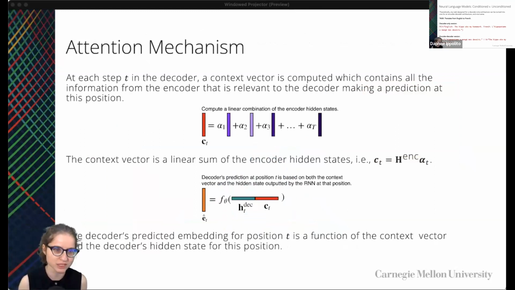So we have all of these hidden states, and we're just taking a linear combination of them and calling this the context vector. And so in the decoder, when we're making a prediction for position T, we use the decoder's hidden state, but we also use this context vector, which is like a summary of all of the hidden states from the encoder. And then we make our prediction for the decoder based on both of these.